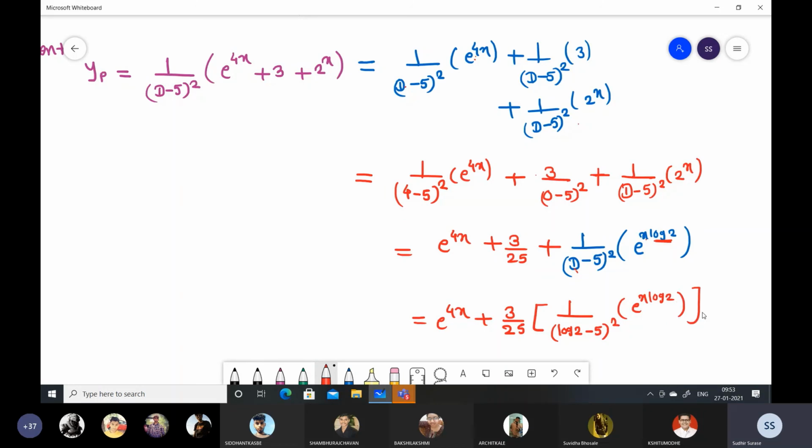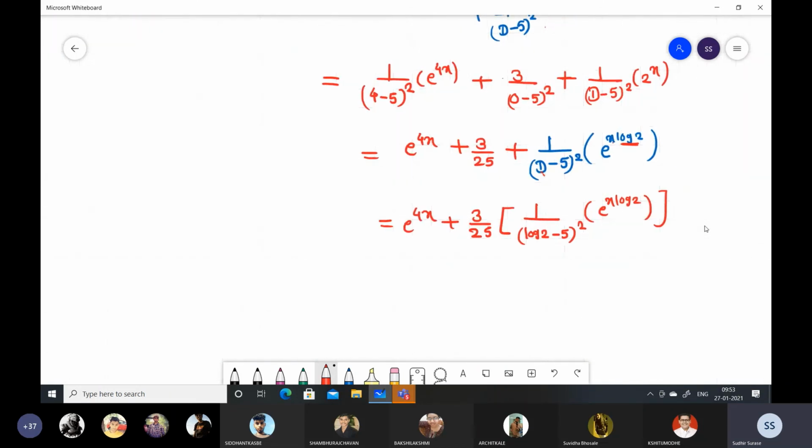Once we substitute the value of D, we can rewrite e to the power x log 2 as 2 to the power x. So this will be e to the power 4x plus 3 by 25, and plus 1 upon log 2 minus 5 whole square into 2 to the power x.